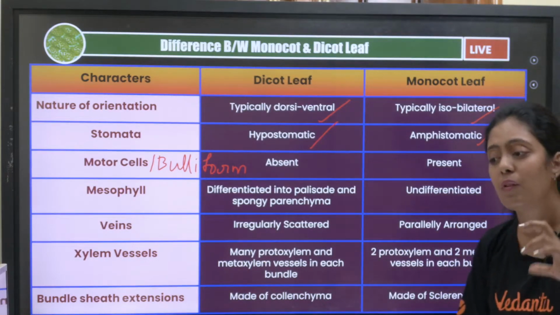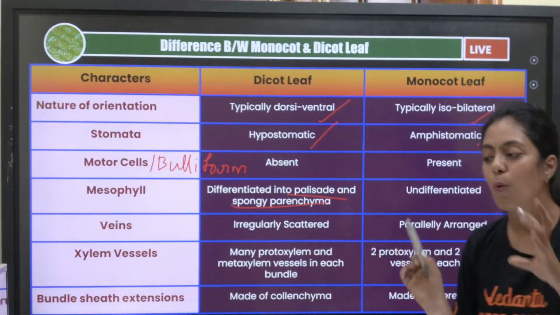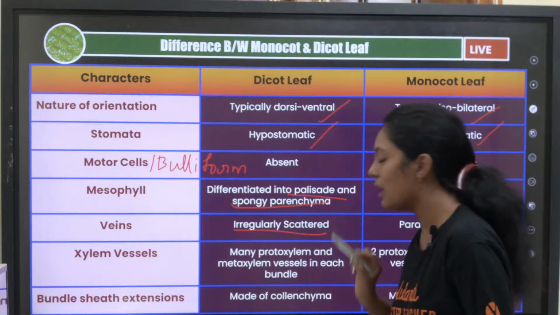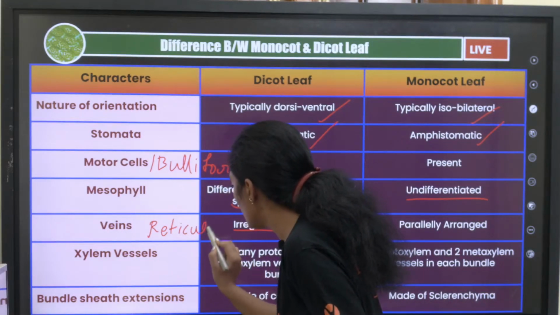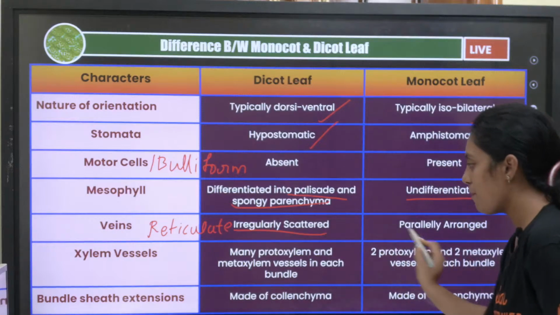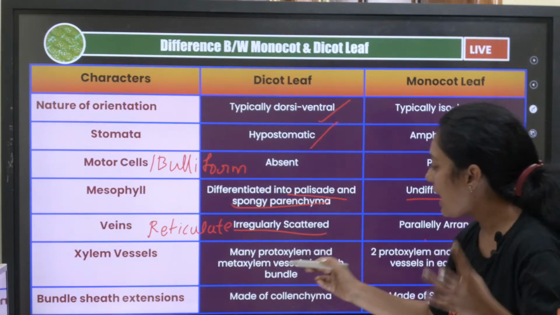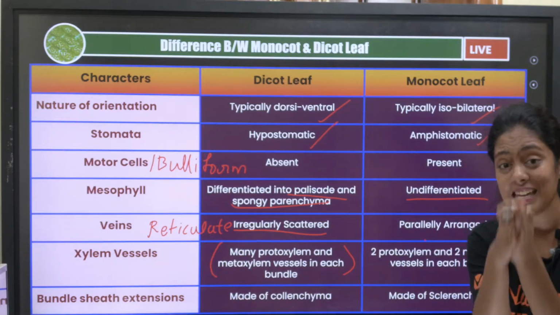Mesophyll: in dicot it is differentiated into palisade and spongy; here there is no differentiation. How are the veins? Irregularly scattered, which we call reticulate. Here the veins are parallelly arranged, so we call it parallel venation. Xylem elements: many protoxylem and metaxylem are present in each bundle.